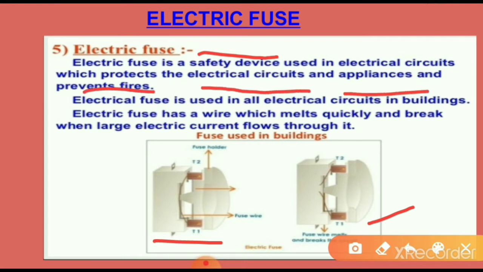The appliances we have discussed are the water heater, iron box and electric bulb. So the electric fuse is a safety device used in electrical circuits which protects the circuits and appliances and prevents fire.